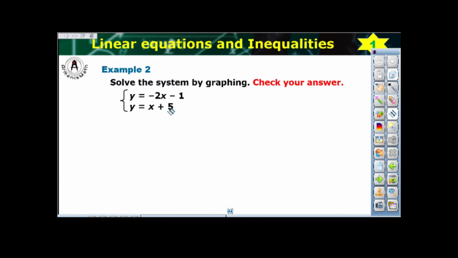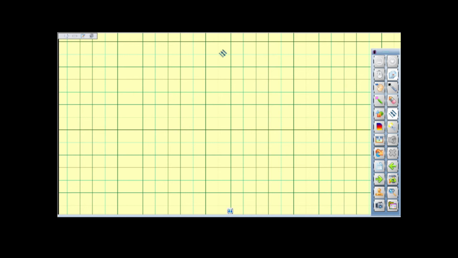Copy the two equations. I'm going to ask you in a second to give me the two equations. I'm going to a different screen here where I actually have a grid. So -2x minus 1. Okay, let's say, what was the first one, you guys, in the system? Y equals what?